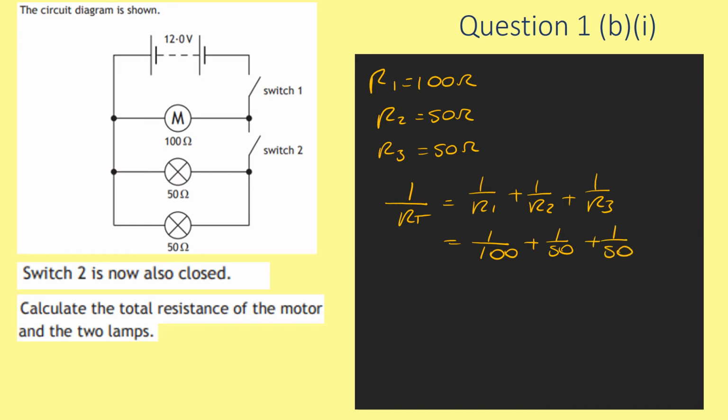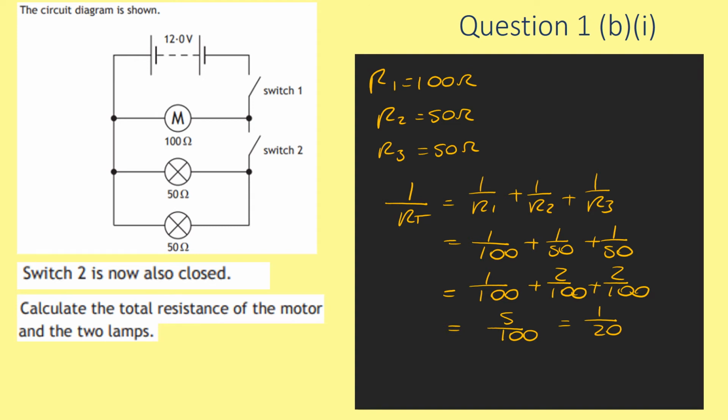Now, we always recommend that you use the fractional method for this calculation, so you can put those fractions into your calculator, or you could do it in your head and have a look at common factors. What I'm going to do is turn these 50s into hundreds, so we have a common denominator. So we end up with 1 over 100 plus 2 over 100 plus 2 over 100, which gives me 5 over 100, or 1 over 20.